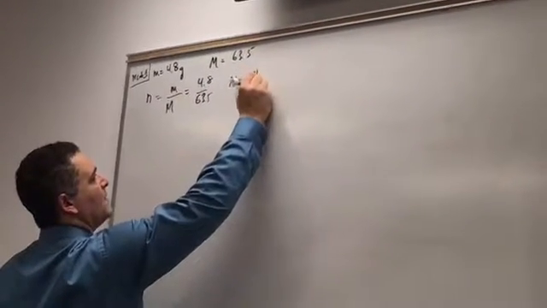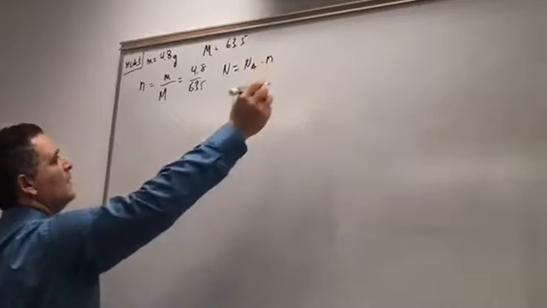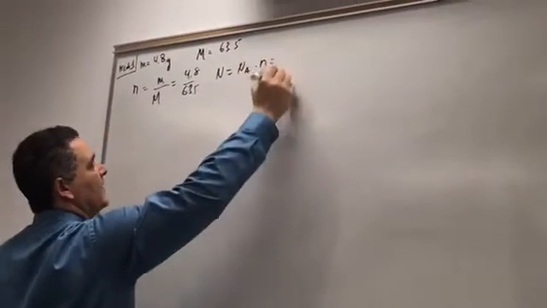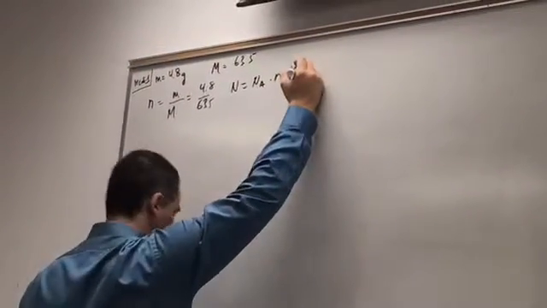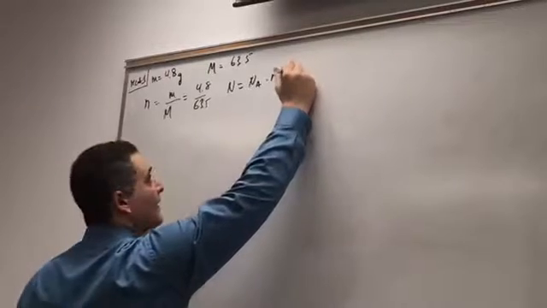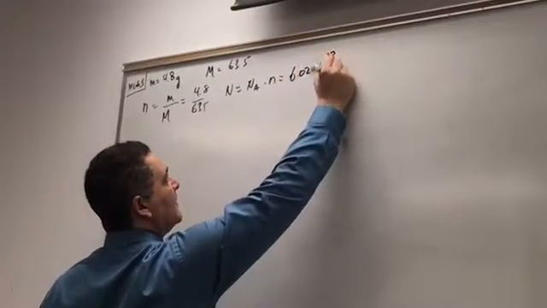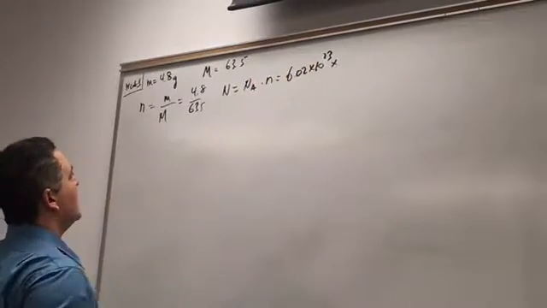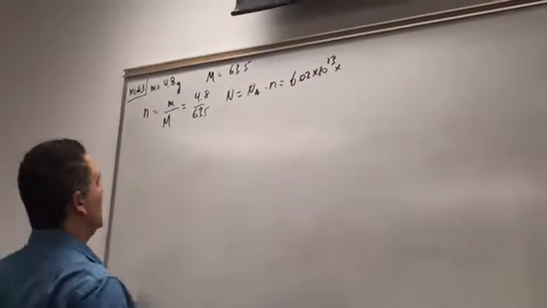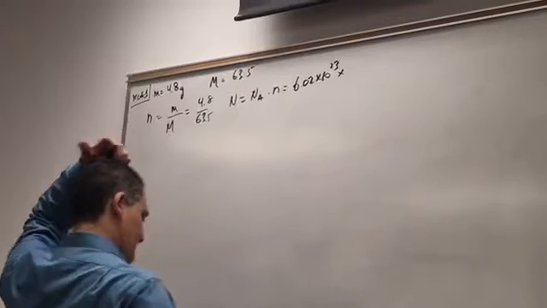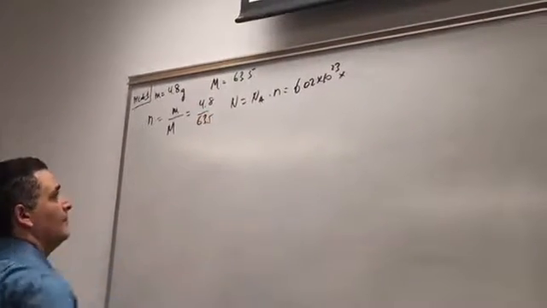It's Avogadro's number, 6.02 times 10 to the 23, times the number of moles. I don't remember what this ratio is. 4.55 times 10 to the 22.